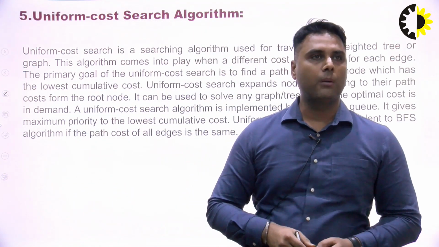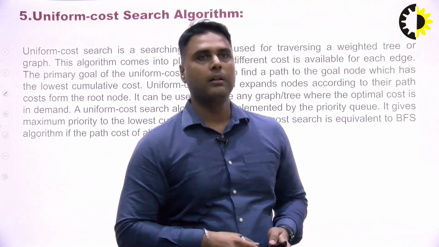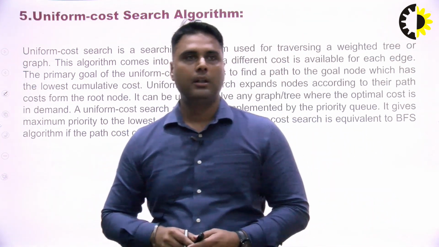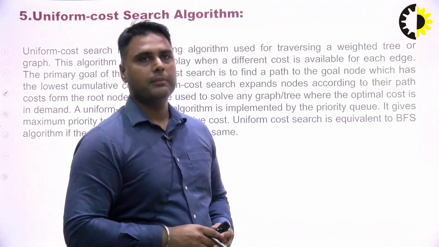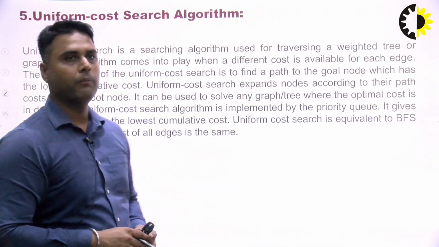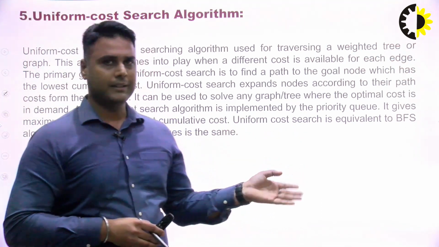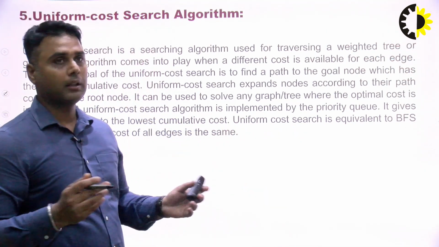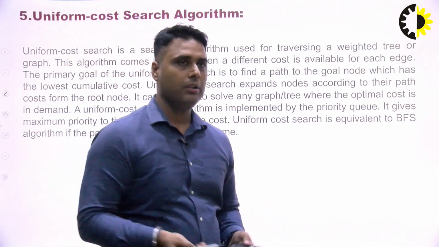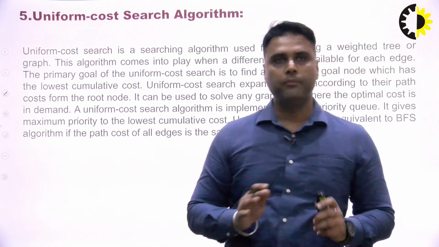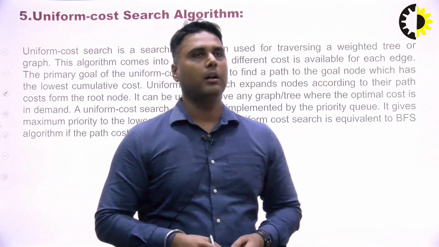The primary goal of uniform cost search is to find the path to the goal node which has the lowest cumulative cost. Uniform cost search expands nodes according to their cost from the root node. All this was discussed in the example. So it is a complete and optimal search. The optimal cost is found through uniform cost search. This is a type of uninformed searching.